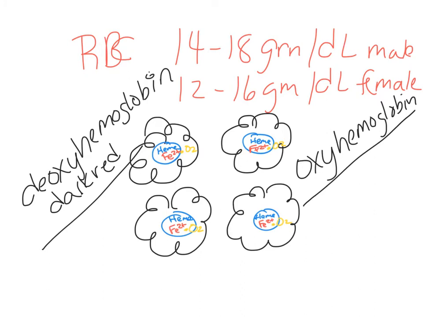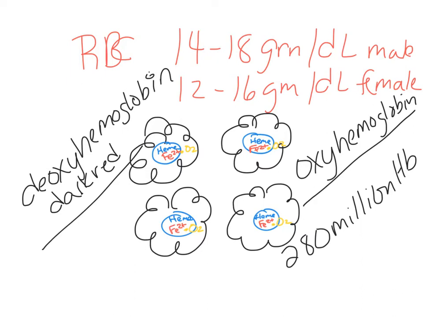Now, there are a lot of these hemoglobin molecules in each red blood cell. Actually, each red blood cell contains about 280 million hemoglobin molecules. And each hemoglobin has 4 of these heme groups in it.